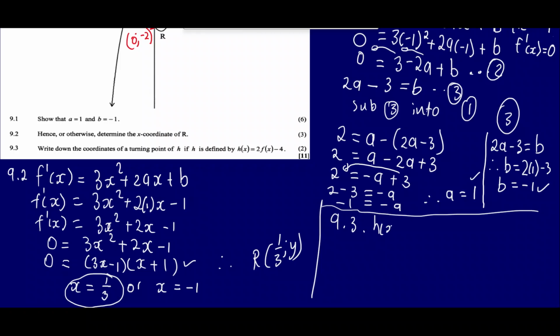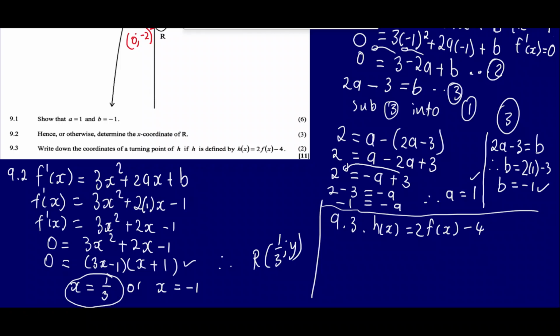is defined by, so now here we have a new graph, right, which is h of x equals f of x minus 4. So now I think this one would want us to have the coordinates. If we're writing down the coordinates of this, we will need the y coordinate.